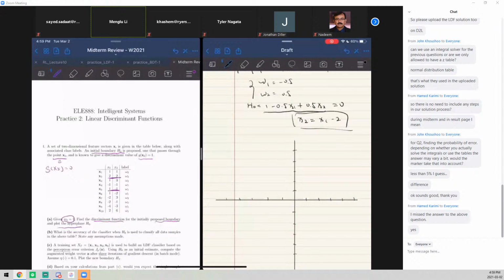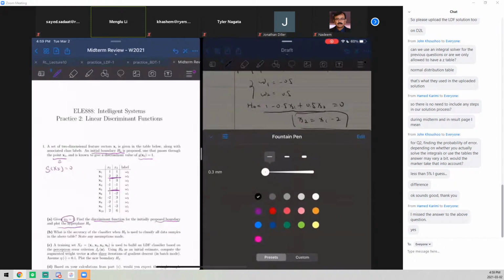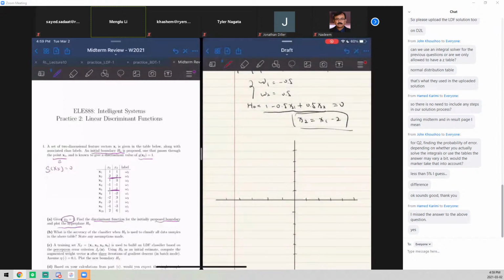I will use red color for class 1 and green color for class 2. Then the first class 1 is x4, so minus 1, minus 1. This one, x4. Then 1, minus 1.